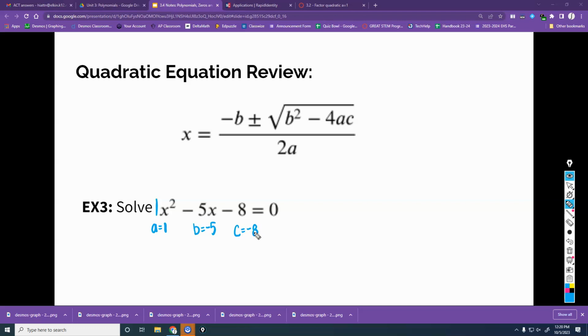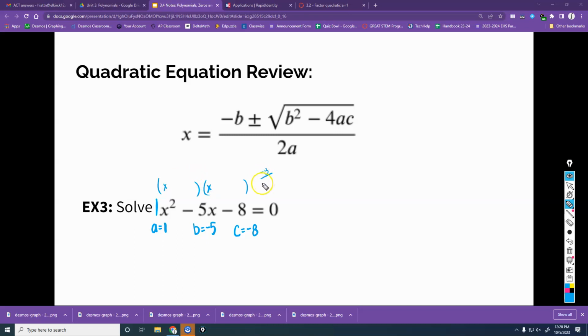This is useful. It will work for any equation, not just ones that will not factor. So if you forget how to factor, you could use this instead. But this particular problem won't factor. Because if I'm trying to factor this into my parentheses, I've got an x here and an x here. I've got to get -8.